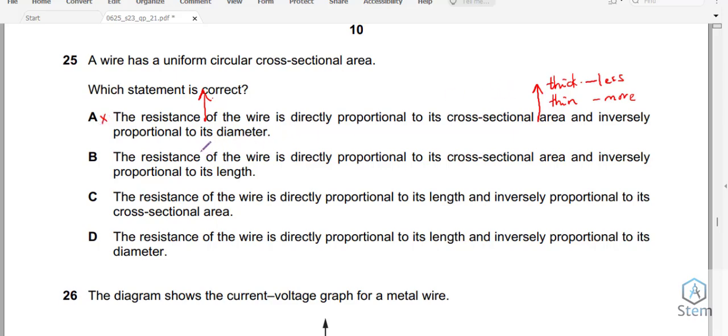Okay, so this same point we just said it cannot be. Let's go to C. The resistance of the wire is directly proportional to its length and inversely proportional to its cross-sectional area. Let's check.